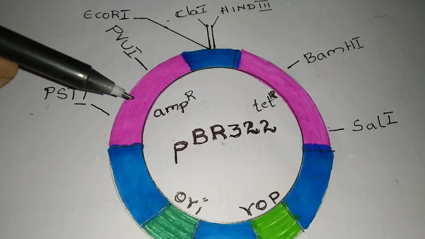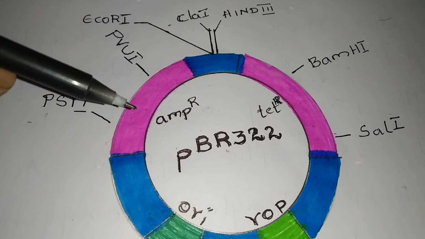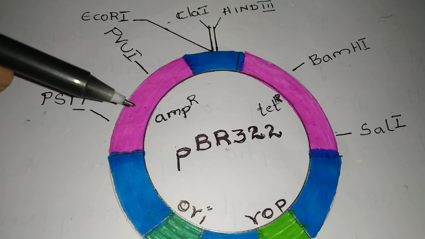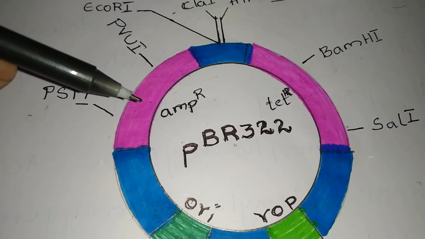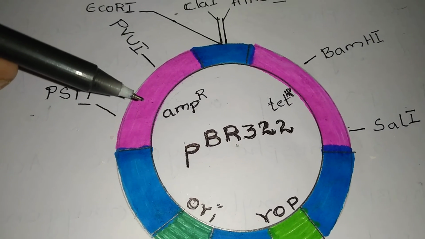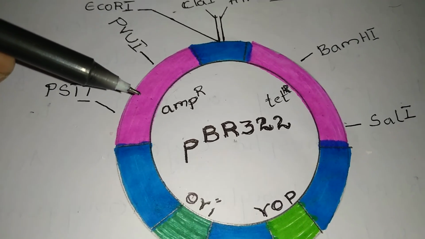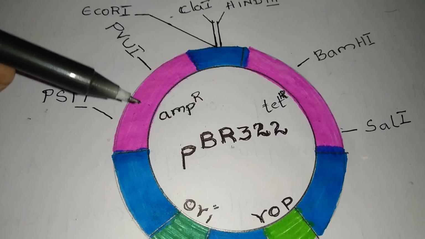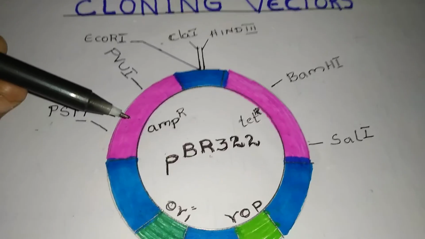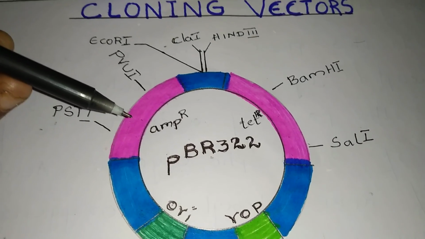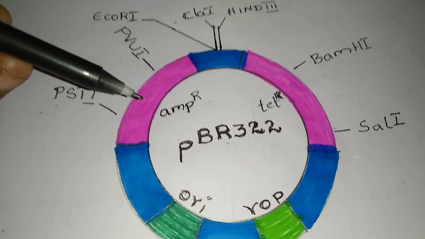So the white color indicates that there is a recombination, whereas the blue color indicates that they are non-recombinants. Because of the presence of this alien DNA, there is no production of glucose and galactose from lactose, and hence there is no appearance of blue color. So in this way, insertional inactivation is the method which is useful for differentiating the recombinants from the non-recombinants.